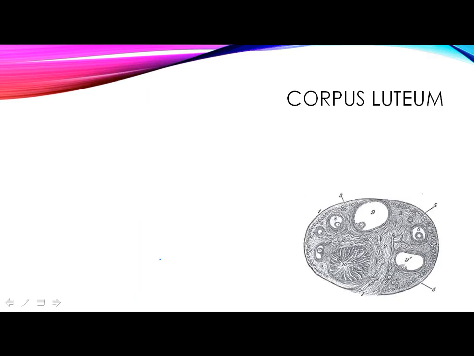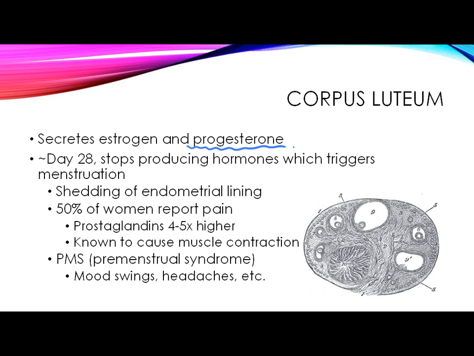So the corpus luteum, that little hormone factory, it's making estrogen, and progesterone is the big one. But it is also making estrogen. And here, I got ahead of myself. At day 28-ish, it stops making progesterone and estrogen. That's the trigger for the body to sort of give up.